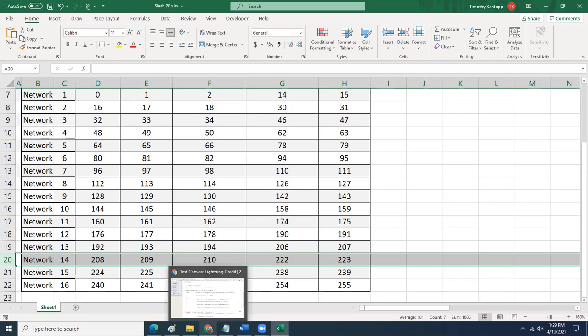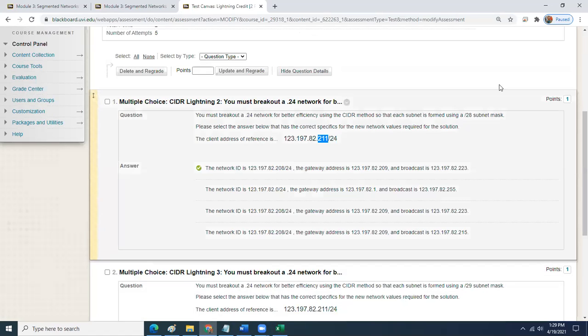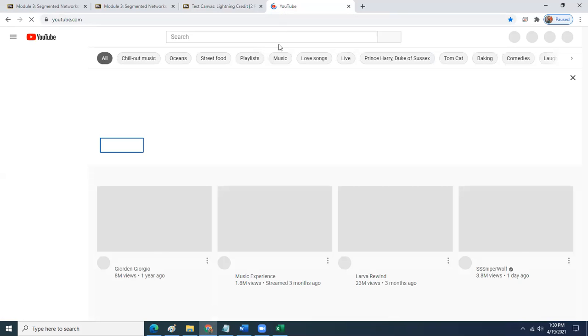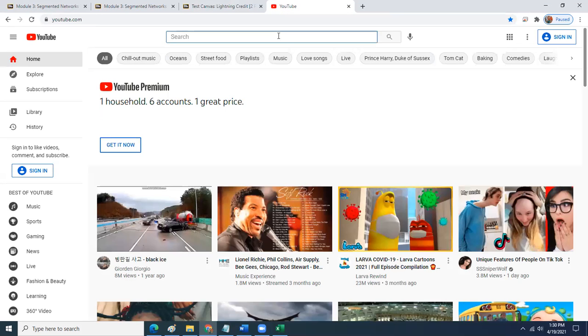What I'd like to do is give you a preview of coming attractions now for one of your solutions. One of the solutions we're going to perform in this final module has to do with creating routes.